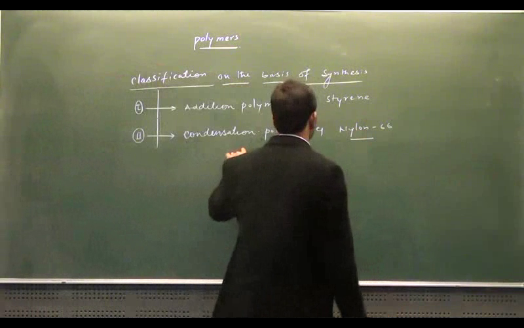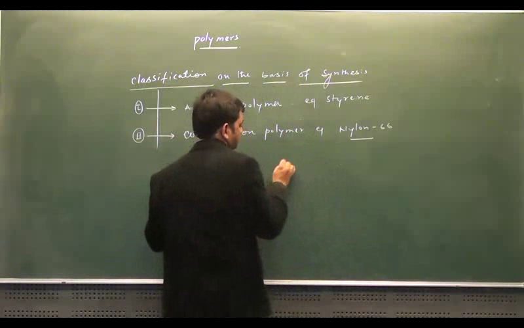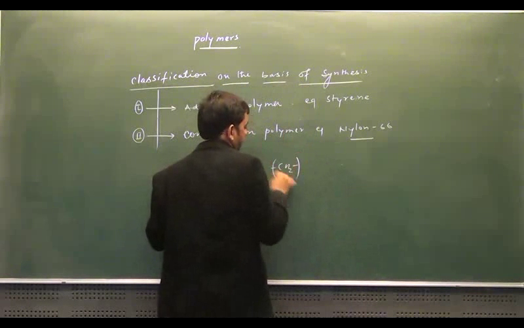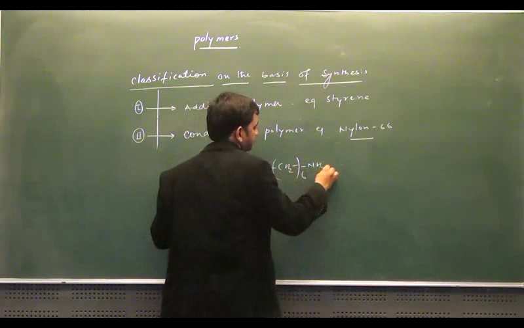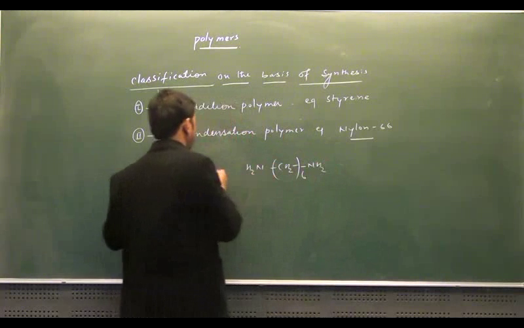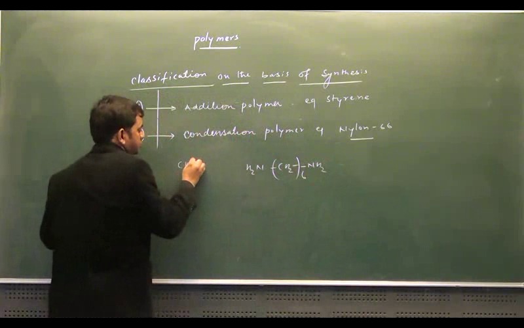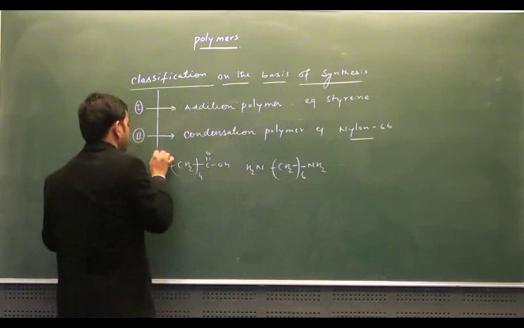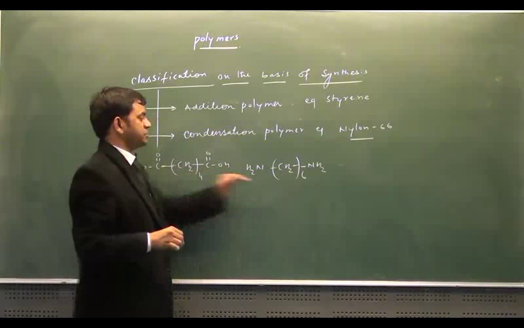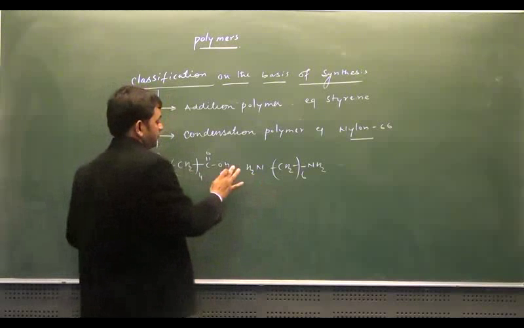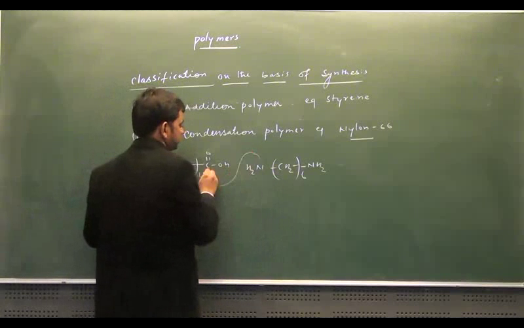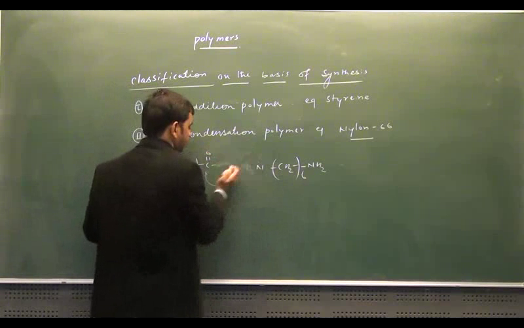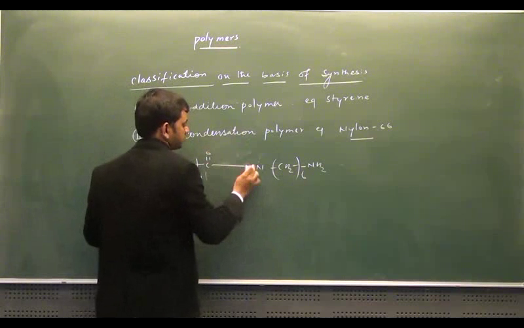See, in condensation polymerization it is hexamethylene diamine and adipic acid, HOOC-CH2 whole 4-COOH. It is 6 carbon containing, that is why it is formed. It attacks, picks up the electron, and removes the H2. When H2 is removed, it forms the amide bond.